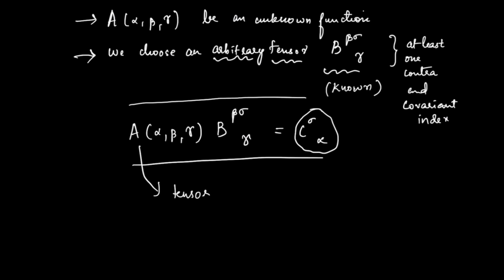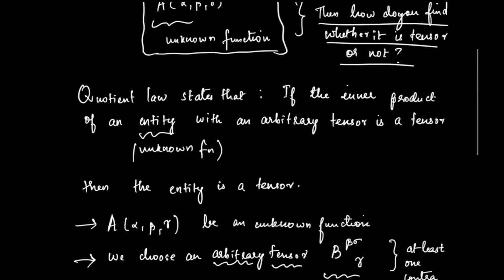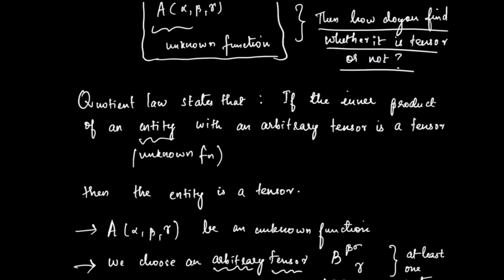That is how you check whether the given unknown function is a tensor or not. So the quotient law states that if the inner product of an entity with an arbitrary tensor is a tensor, then the entity is a tensor. Otherwise, it is not a tensor. That is known as the quotient law. Now you have to prove the quotient law.